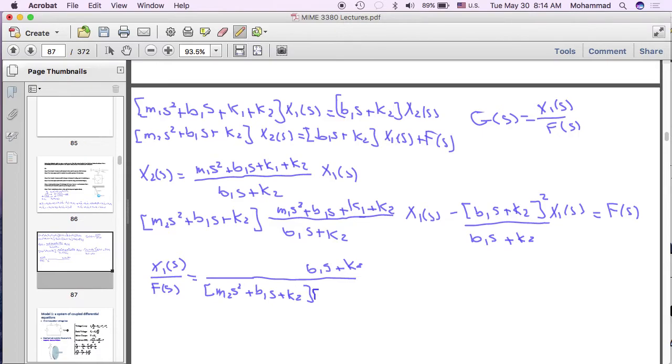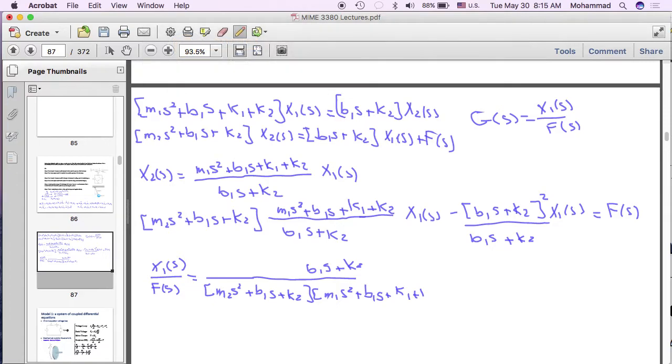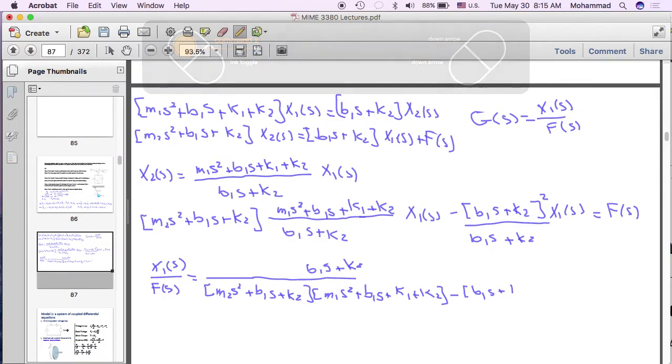This will be multiplied by m1s squared plus b1s plus k1 plus k2, and from it we have the subtraction of b1s plus k2 to power 2.